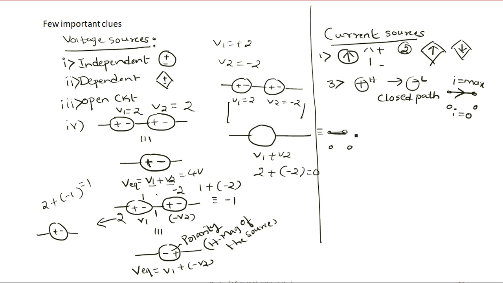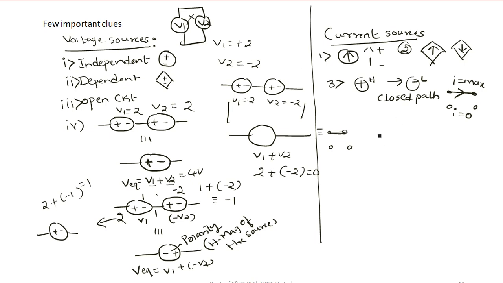Okay, I forgot to tell here for voltage source. We should not connect two voltage sources in parallel. That is not allowed until and unless their voltage drops are the same. Otherwise it is going to create a short and that circuit may burn out also.